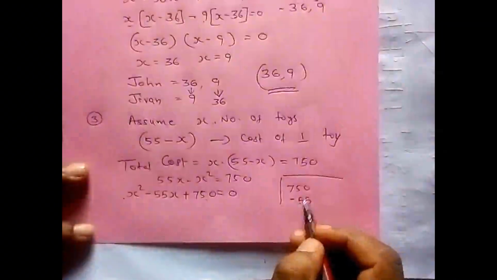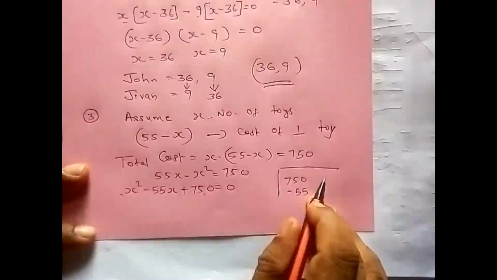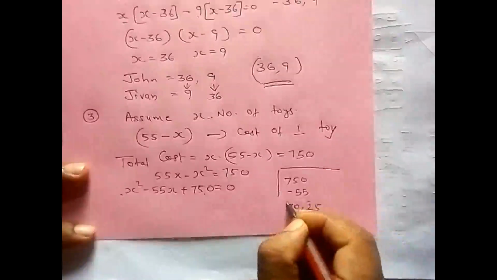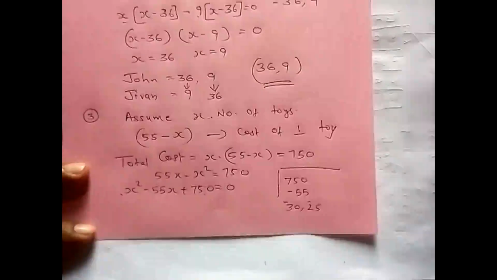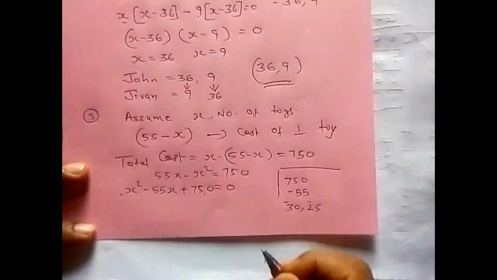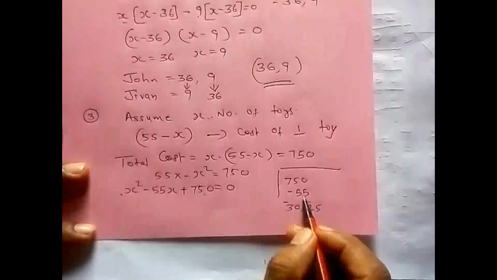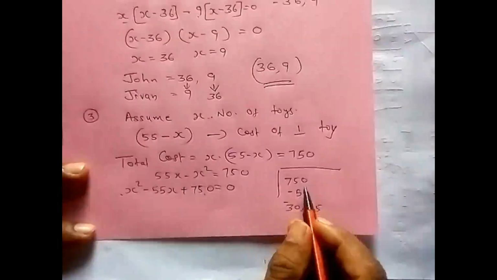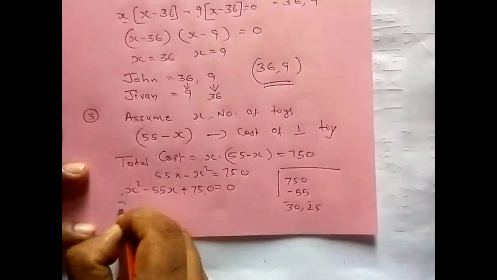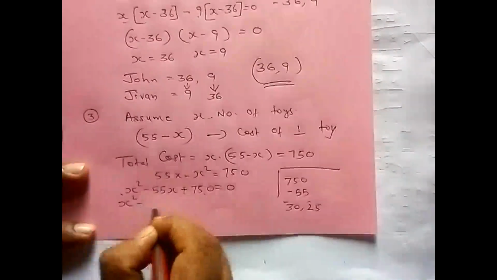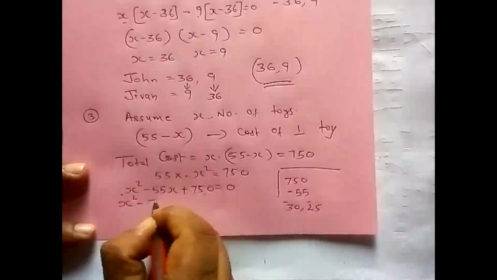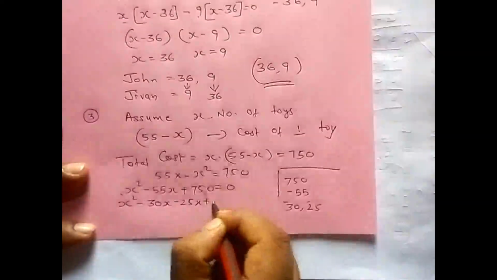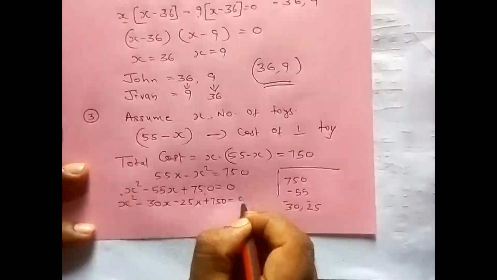After a little thinking and figuring out, we can find that the numbers are 30 and 25. So minus 30 and minus 25 will fit the requirement. The sum is minus 55 and the product is 30 into 25, 750. So we will split the middle term accordingly: x square minus 30x minus 25x plus 750 equal to 0.